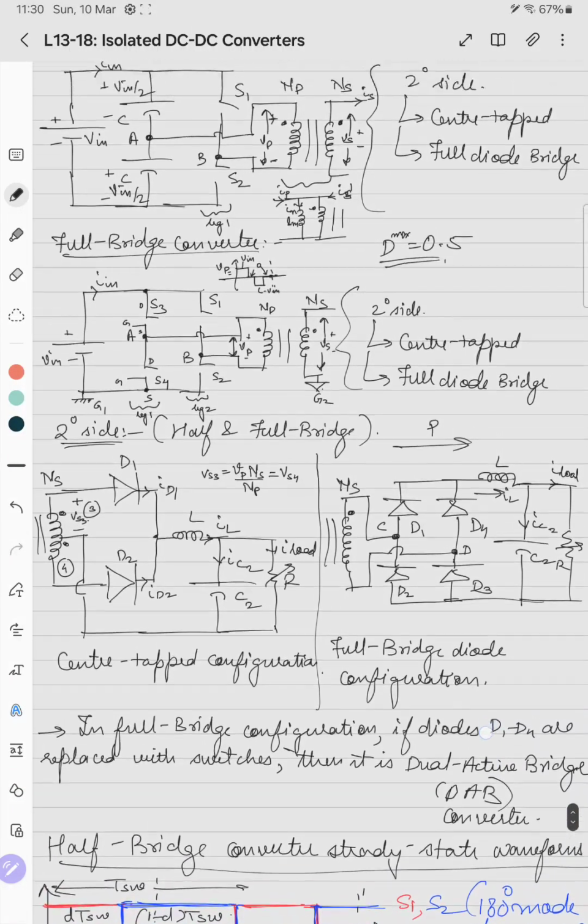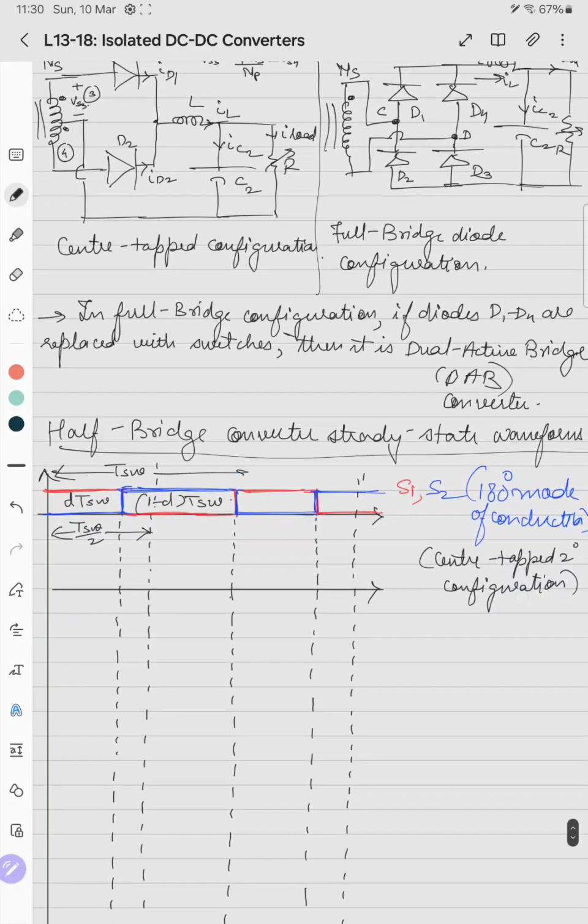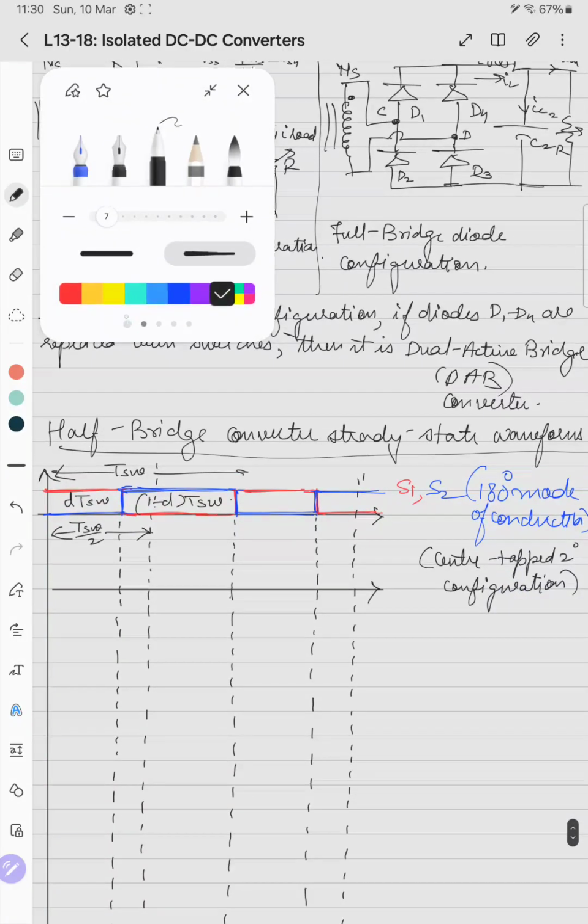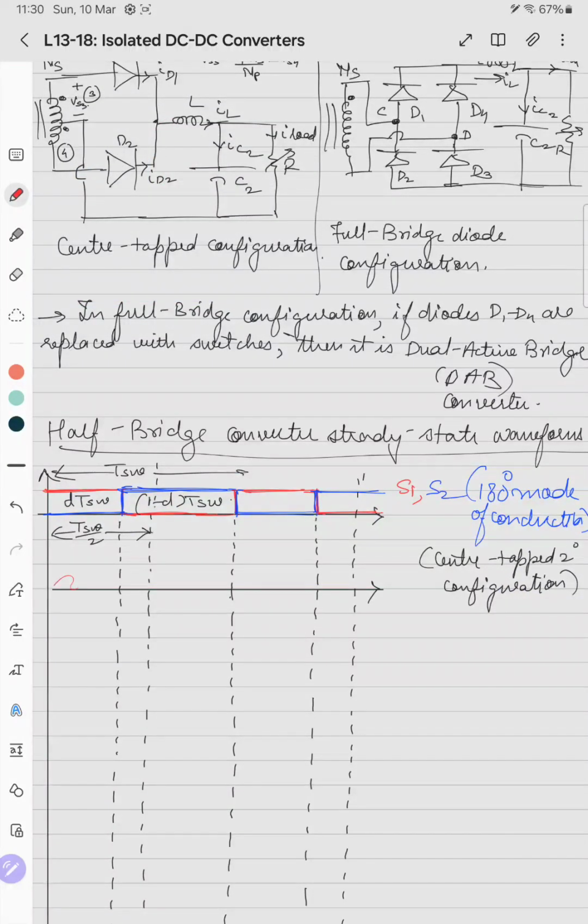So in that case, the voltage across the switch, if S1 is on, will be 0, and when it is off it is V in.